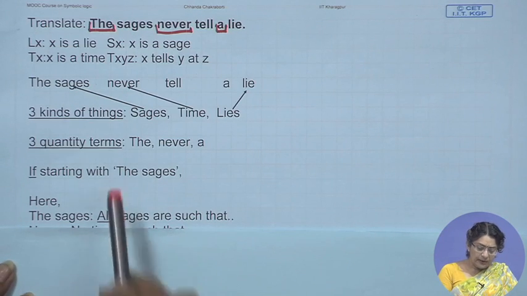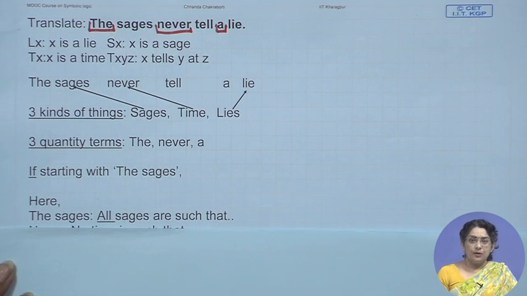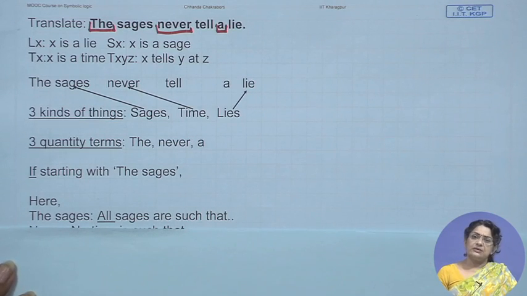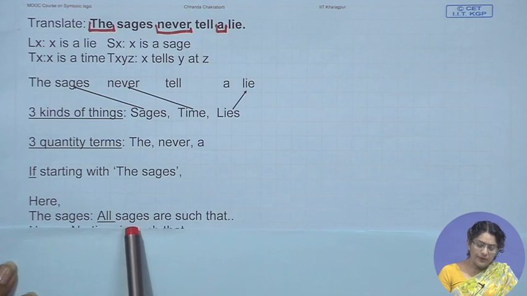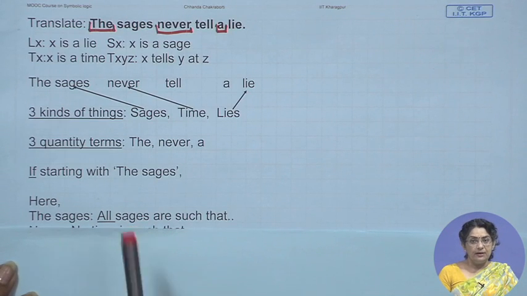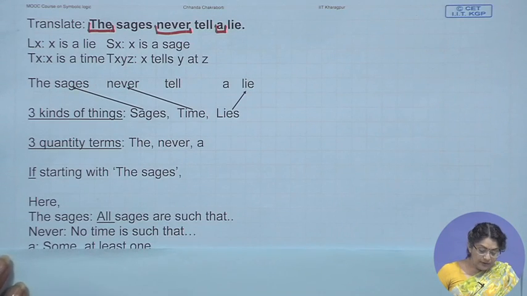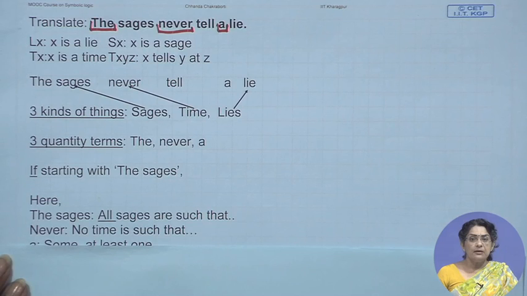Here, what do you mean by "the"? One particular sage, at least one sage is such, or all sages are such? You are right, it is all sages are such that, etc. So, you understand, if you are going with the sages, you are going to need a universal quantifier to start with. When you said never, and I already told you, never means no time is such that.